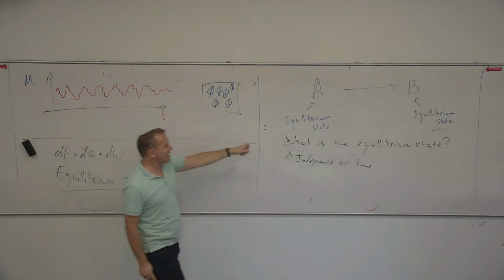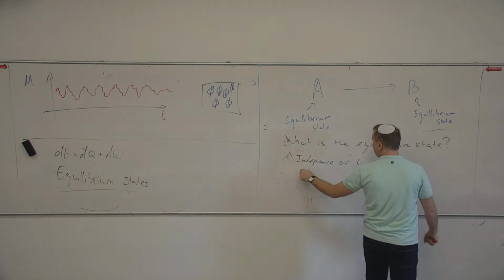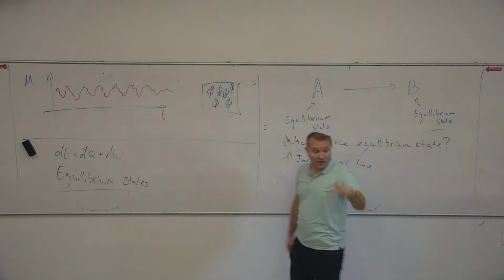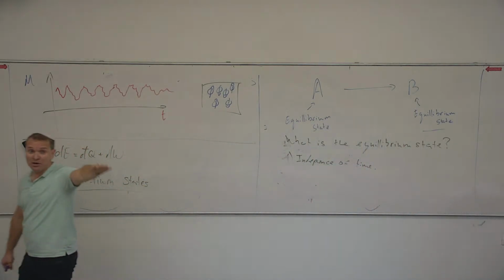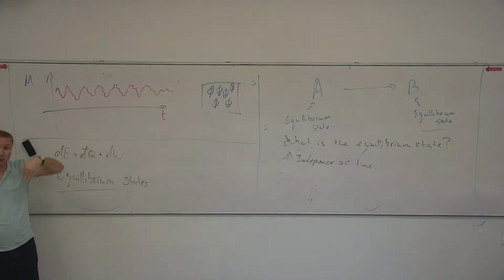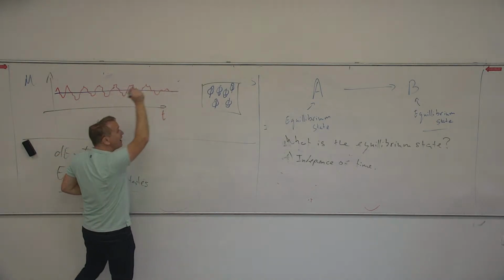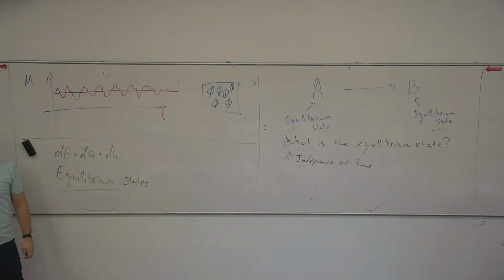When I'm saying what is equilibrium independence of time, I'm saying when I average. There are always fluctuations. If you've been in the lab, you perform a measurement, and then you perform a measurement again, there are always some differences. When I average, I see that the average value does not depend on time. Okay? The average value is always constant.